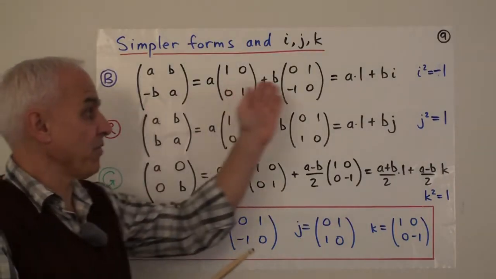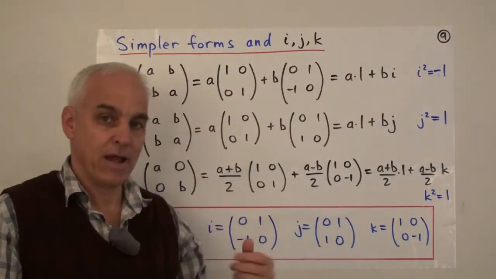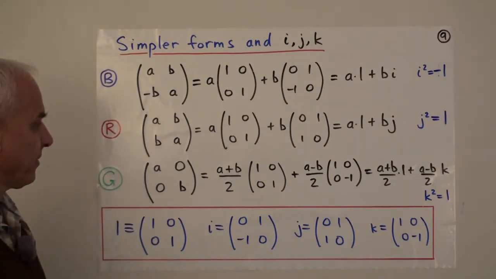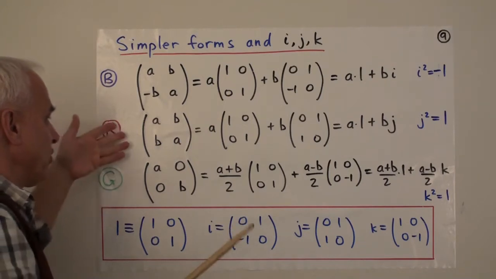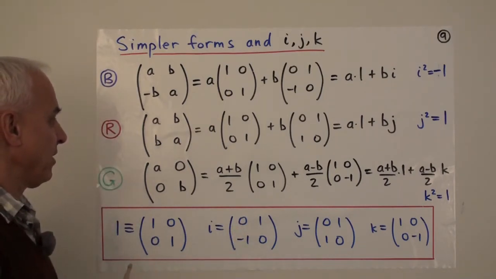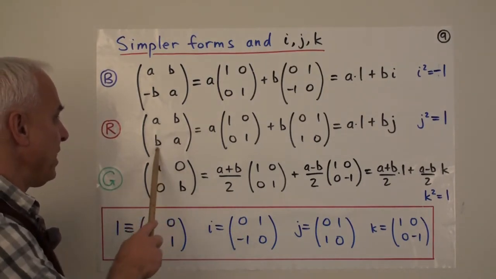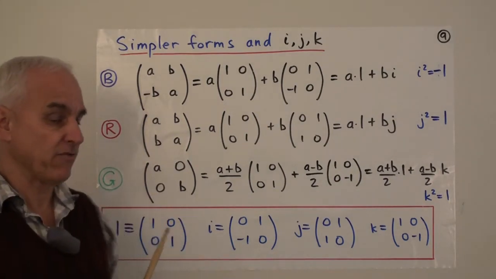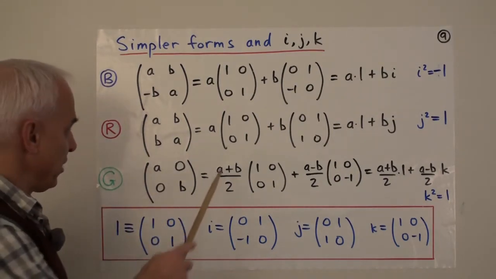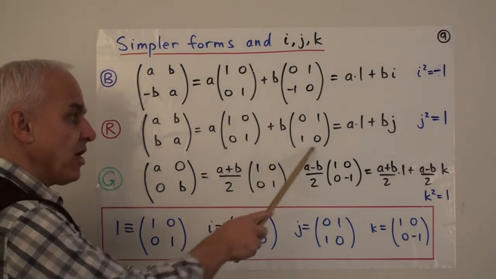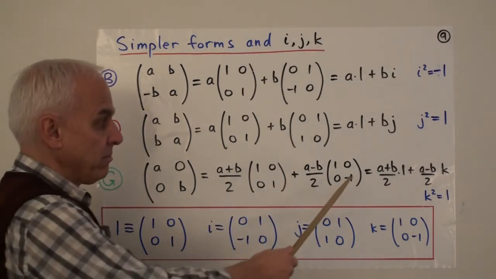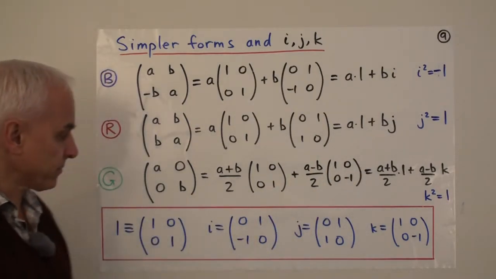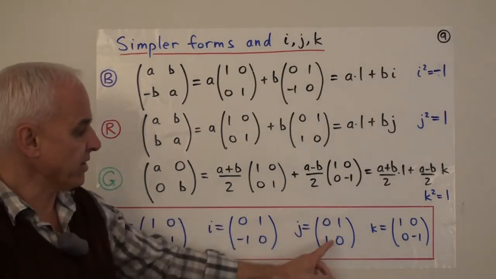So that's how we recover the usual high school approach to complex numbers. But now that we've done that, we can do the same thing for the red complexions. AB BA, this Lorentz kind of transformation type matrix, is a linear combination of the identity and this new matrix 0, 1, 1, 0, which we might call J. So J is 0, 1, 1, 0.